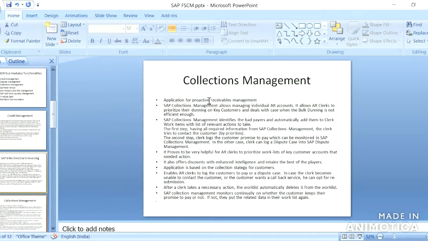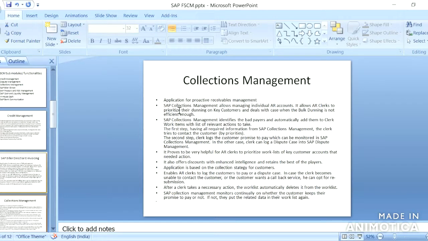It's an application for proactive receivables management. Proactively we need to follow up with the customers. If we repeatedly contact the customers, even those who are not interested in paying will at least try to pay because of the pressure given by the collections department.